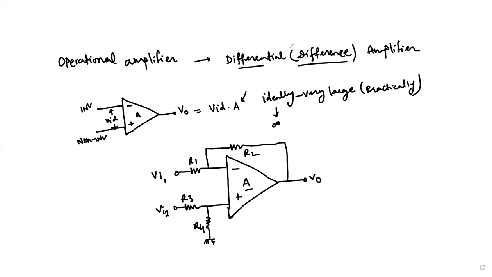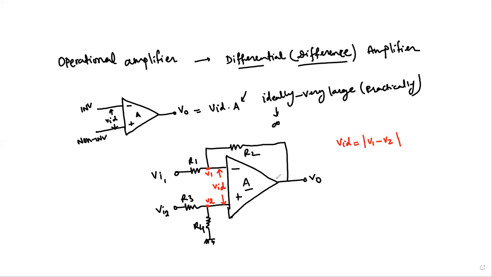To analyze this configuration, these are the two nodes where we have the voltages indicated by V1 and V2, and the difference between these two is indicated by VID. So VID is nothing but V1 minus V2. That's the difference.